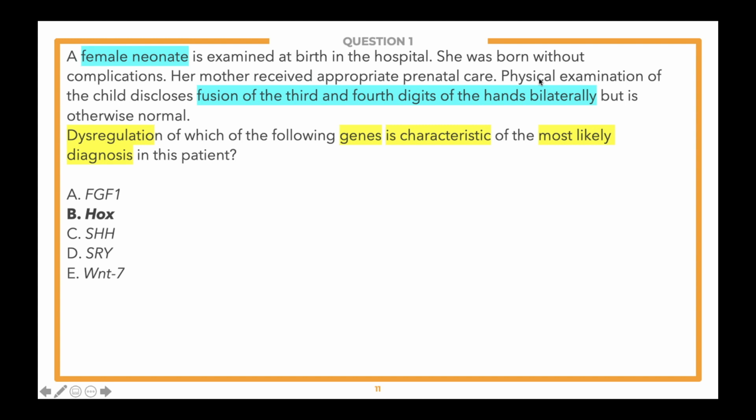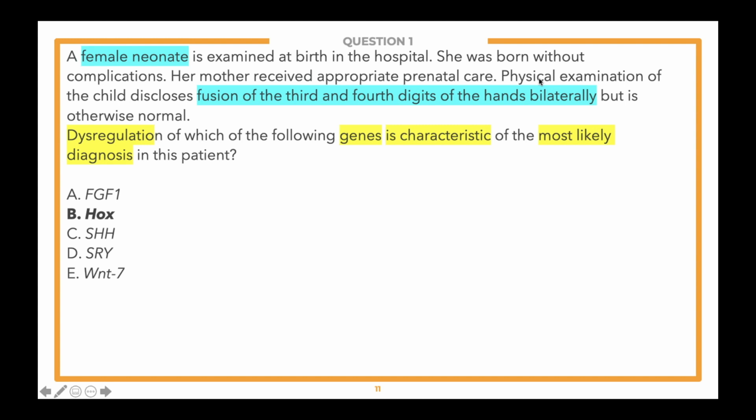Now, normally what happens is when we develop as an embryo, the hands form as a flat paddle-shaped plate. And then at around day 52, or a little bit after 7 weeks, the digits actually start to separate. So syndactyly is when those digits do not separate.